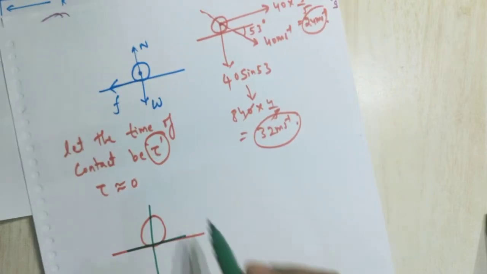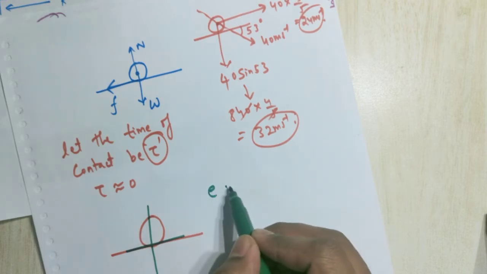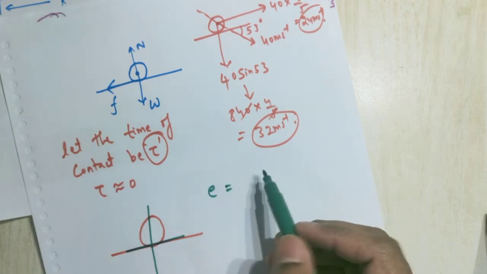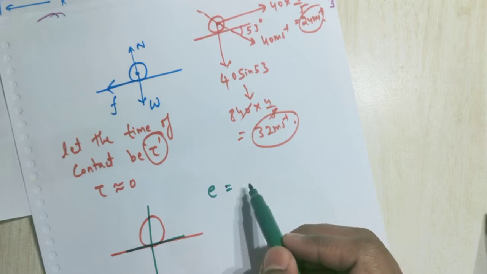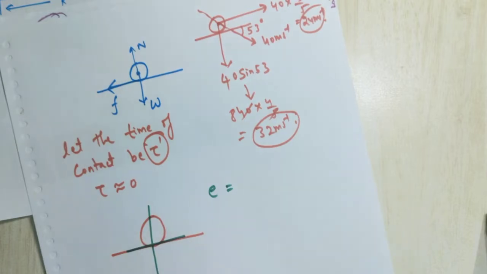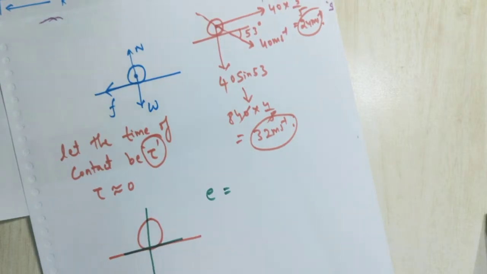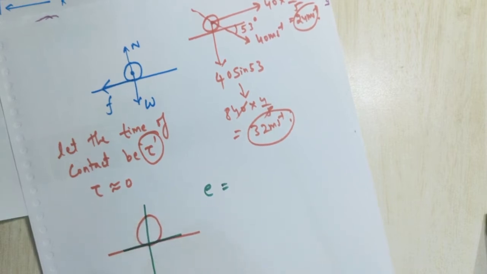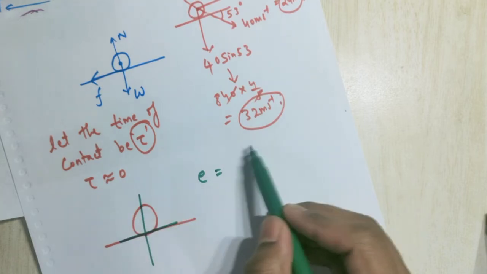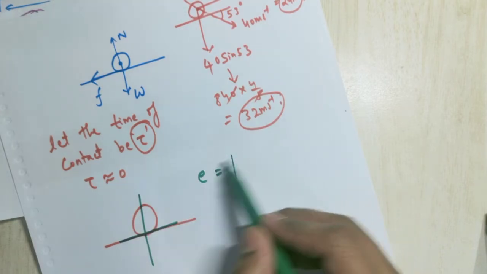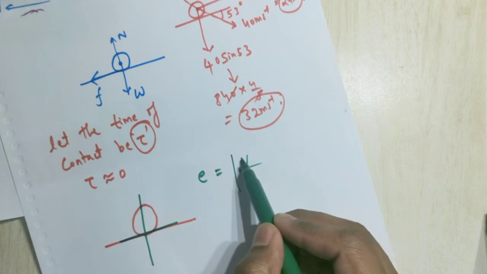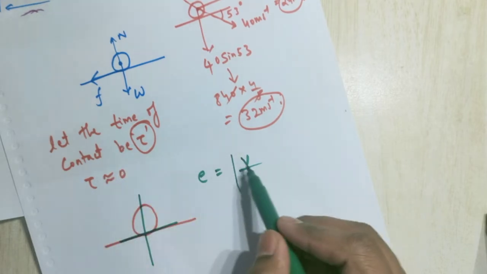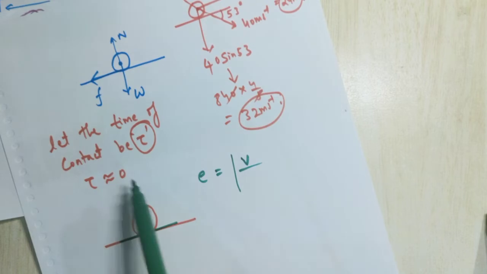So coefficient of restitution is relative velocity of separation divided by relative velocity of approach between the two bodies. Now one of the bodies is the ball and the other is the ground. Ground is always at rest, so it will be just the speed with which the ball rebounds divided by the initial speed with which the ball is hitting the ground along the common normal.